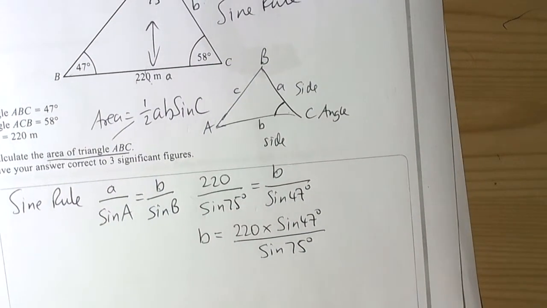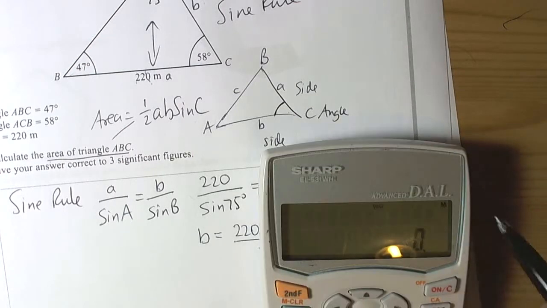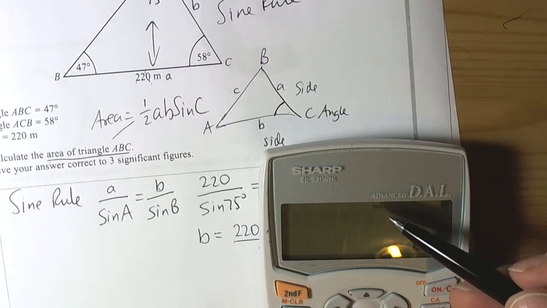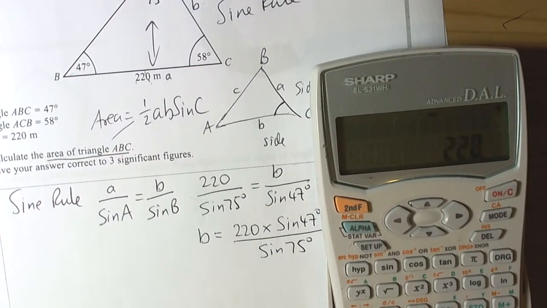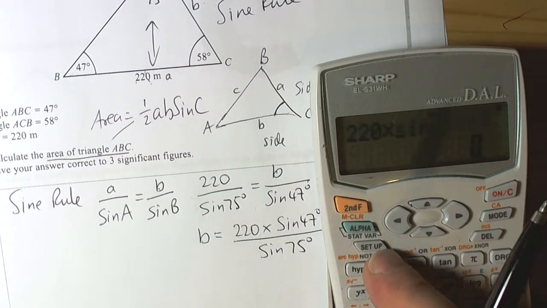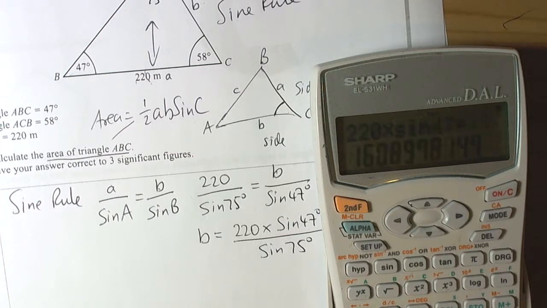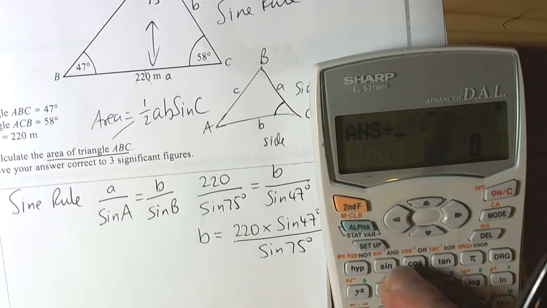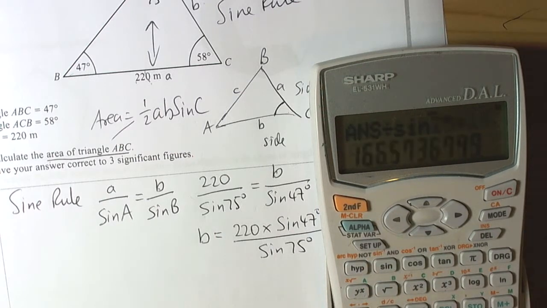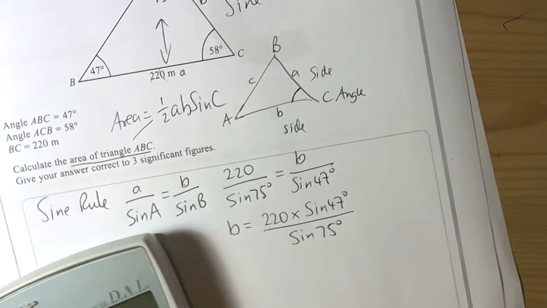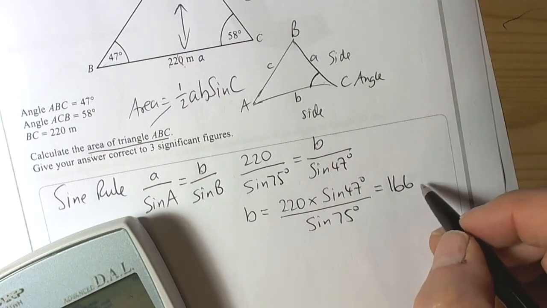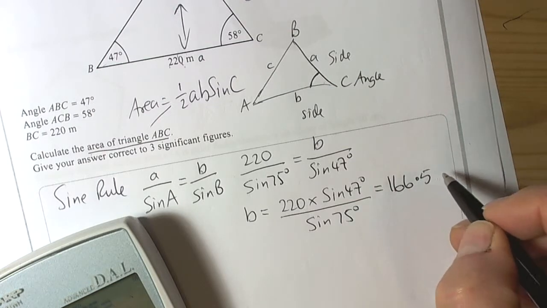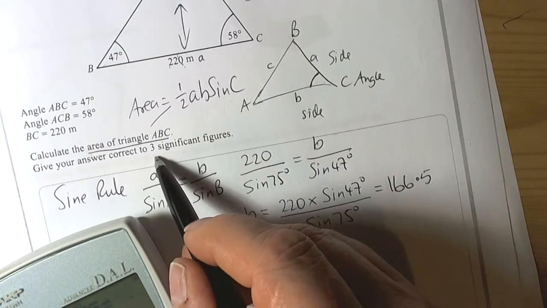So we put that in our calculator, making sure the calculator's got degrees on, the symbol D, to make sure we're working in the right mode. So we've got 220 times the sine of 47 degrees equals, and then divide that by the sine of 75 degrees equals. Now this isn't the final answer, so my recommendation is that you always go to 3 or 4 places more than the accuracy they want.